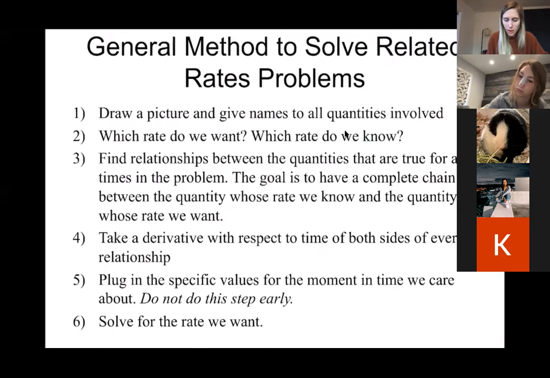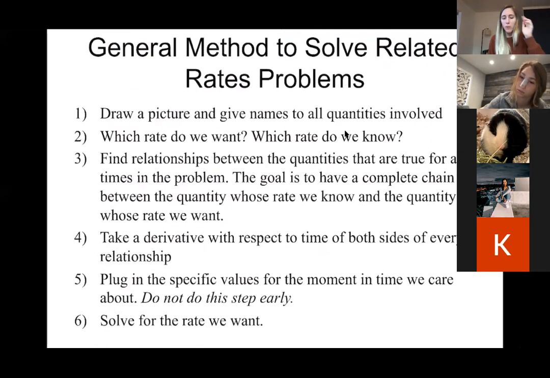So this is the general method that we're going to use for solving related rates problems. If I haven't provided you with a picture, you want to try and draw a picture if possible, and then label it with the different variables that you want to use or any of the given quantities that you know.